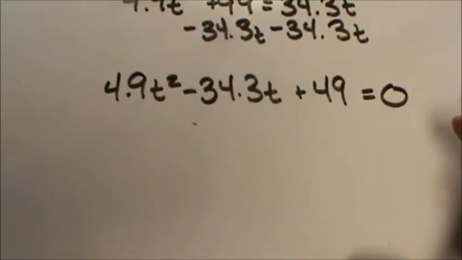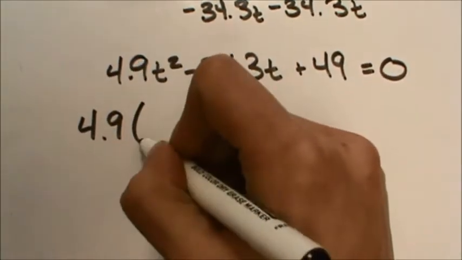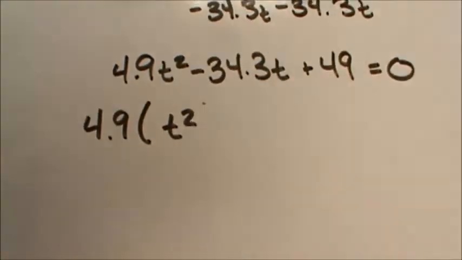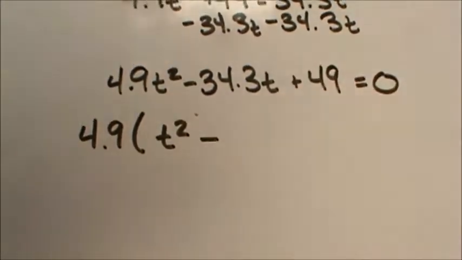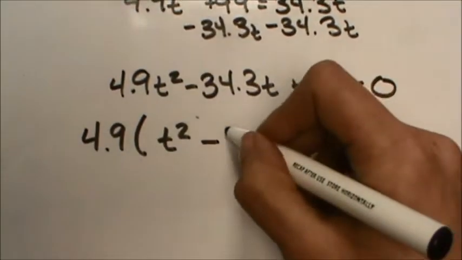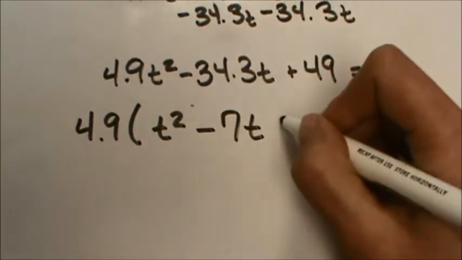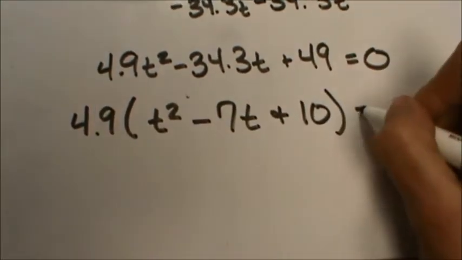So if I do that, I'm going to factor out a 4.9. I'm going to be left with t squared minus, how many times does 4.9 go into 34.3? I believe it's 7. And 10 here.